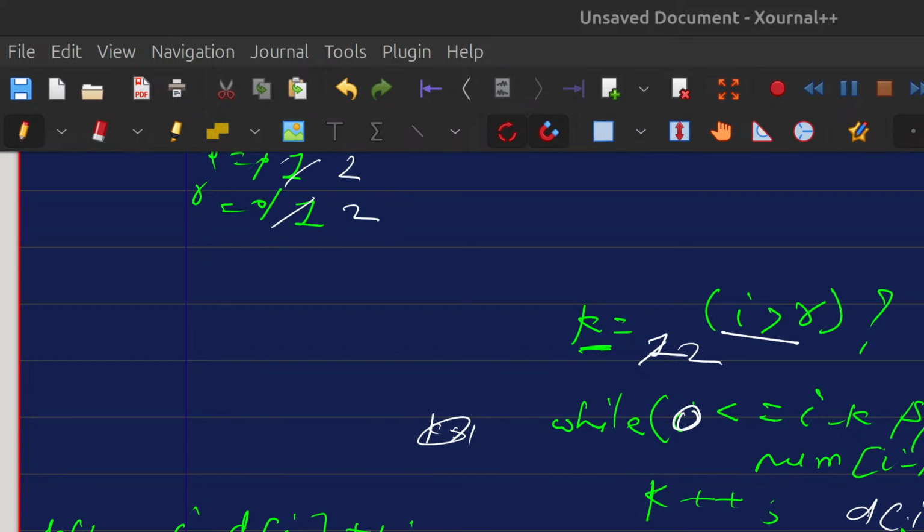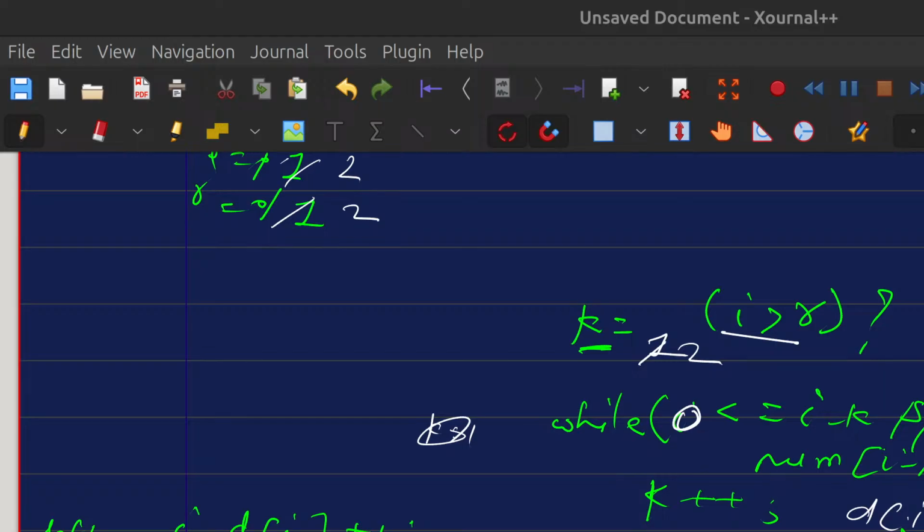If I plus k minus 1 is greater than r, then l equal to I minus k and r equal to I plus k minus 1.